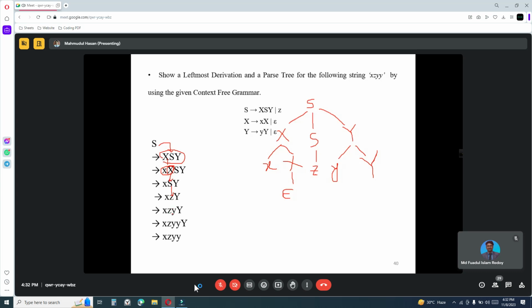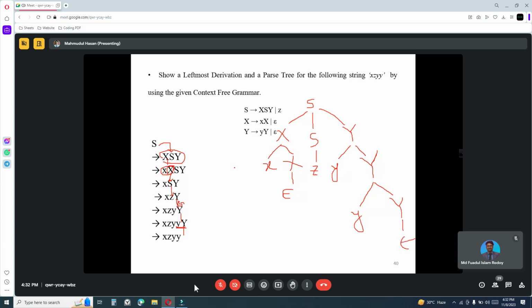Then this Y to again YY, is it? This one YY and this Y to again YY. That means actually Y. Then this Y to epsilon.